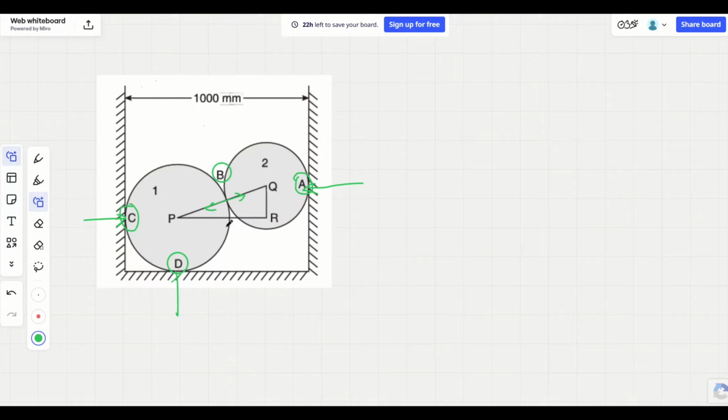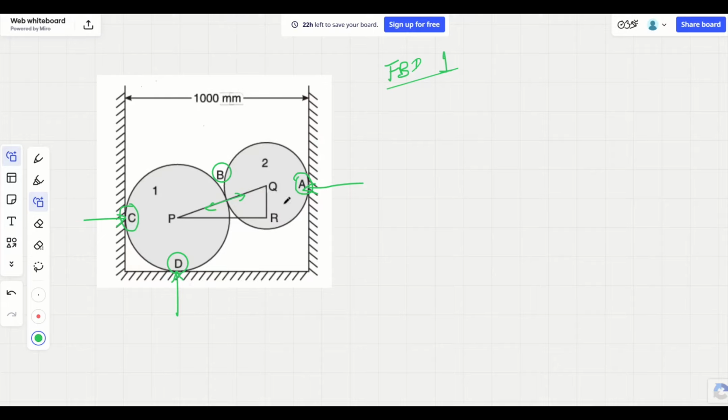So for that reason, you have to draw a free body diagram for both the spheres. First we'll draw the free body diagram, that is FBD, for sphere 1. This is the normal reaction.